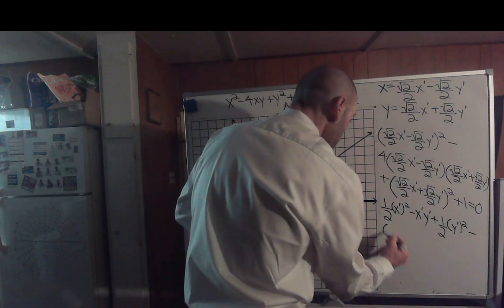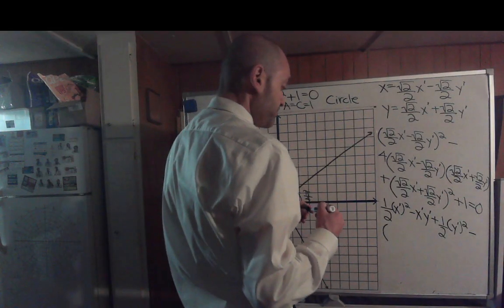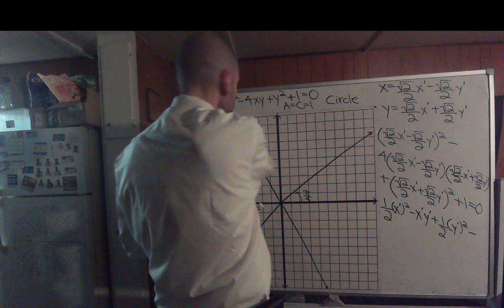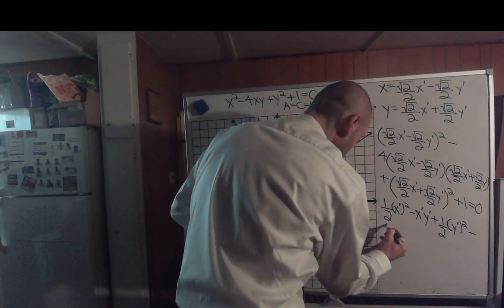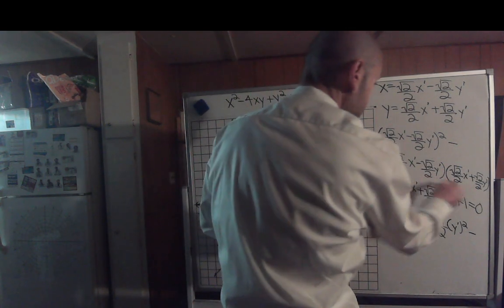Minus, let's do the whole quantity here. So actually minus 4 times the quantity. So let's multiply these two together. We should just get a difference of 2 squares. So square root of 2 over 2 times x prime times the same thing.